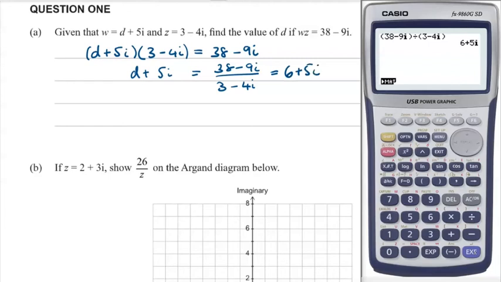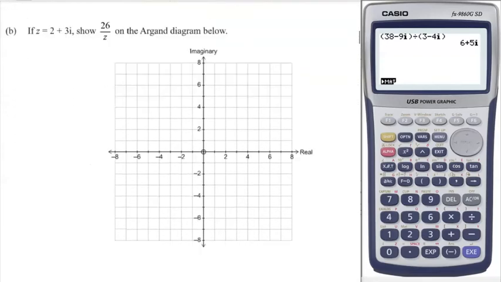So if we compare what we've got over on the left, d plus 5i is equal to 6 plus 5i, so d must be 6. Okay, z is equal to 2 plus 3i. We want to do 26 divided by z. So 26 over 2 plus 3i.